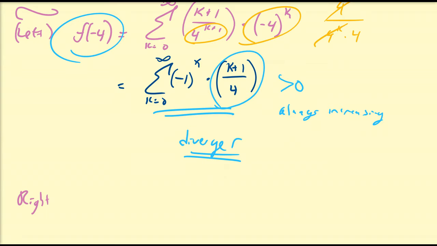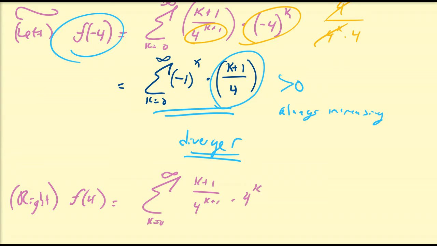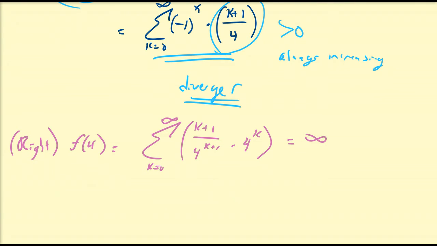If we look at the right endpoint, namely f(4), this is going to be equal to the sum from k equals 0 to infinity of (k+1) over 4^(k+1) times 4^k. This is going to be an infinite series as well, because this is strictly always increasing, there are no alternating terms there.